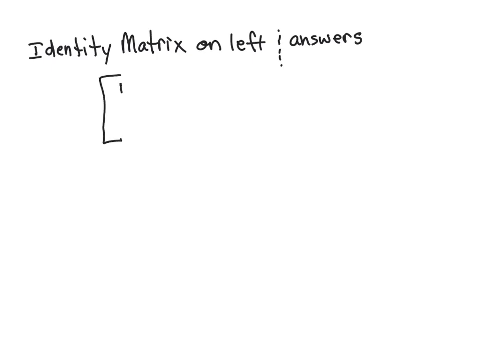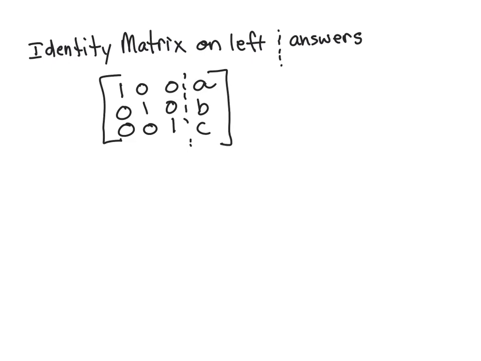If I'm going to example you here, a 3 by 3. 1s on the diagonal, 0s everywhere else. And I'm going to call this A, B, C, just so you can see what this means. Read row 1.